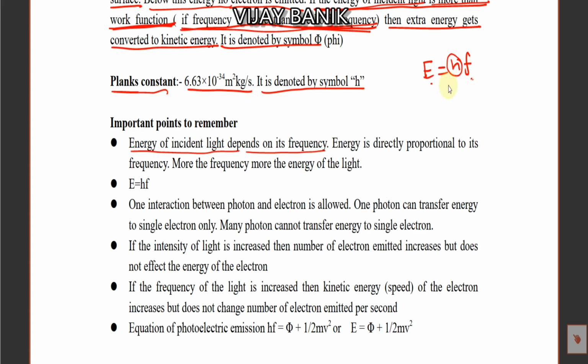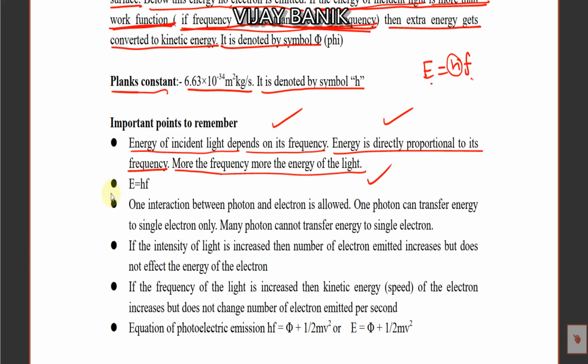If the frequency of the light increases, energy of the light also increases. Energy is directly proportional to its frequency. More the frequency, more the energy of the light. I made the notes; all three mean the same, but you can say it in three different manners. That's why I wrote this over here.